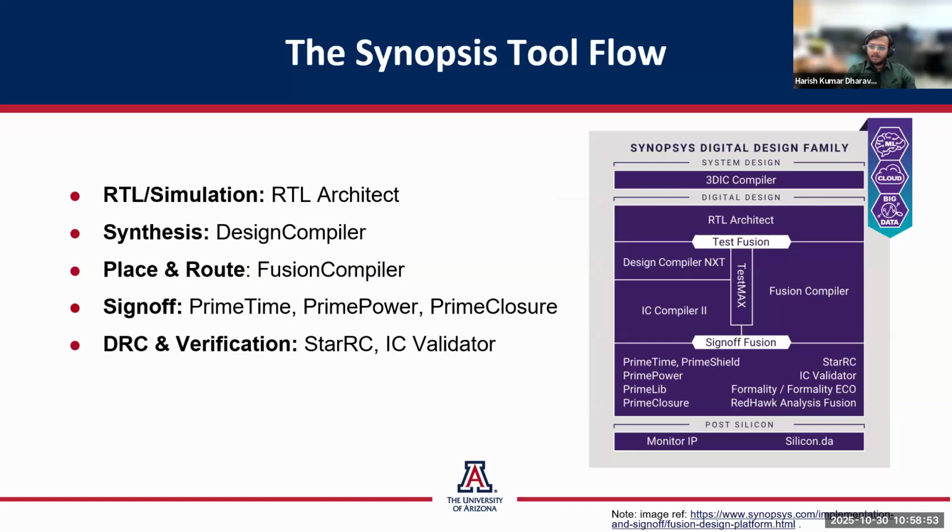For the Synopsys tool flow, we have the RTL Architect and the Design Compiler. The Design Compiler is what we're going to use, similar to Yosys, for the first three phases, whereas PrimeTime, StarRC, IC Validator, and Fusion Compiler together are going to give you the final chip tape-out.